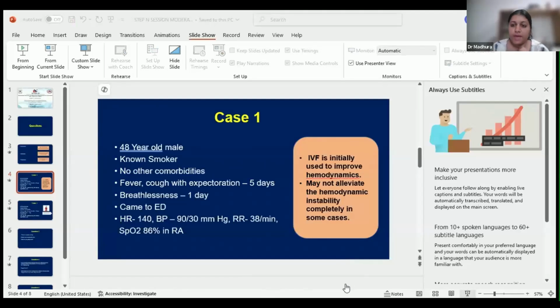Okay. So IV fluids can be used initially to improve the hemodynamics, but this may not help in all cases. So next. Any other options anyone wants to answer apart from noradrenaline?